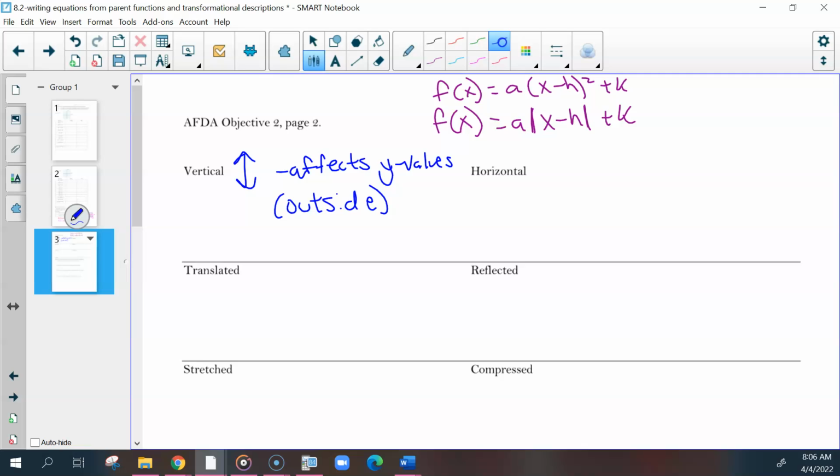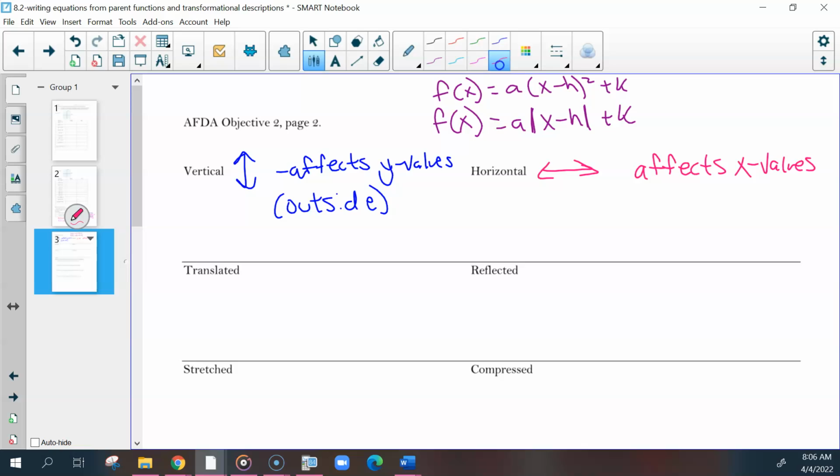And then horizontal is kind of the opposite of all of those things. So horizontal, we know that's left and right. Your horizontal affects your x values. And anything horizontal is, because it's affecting your x values, going to be the things on the inside.